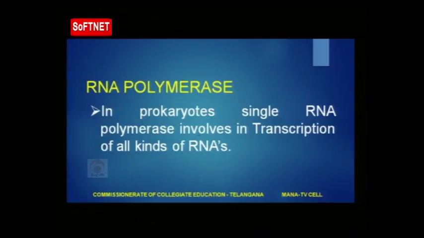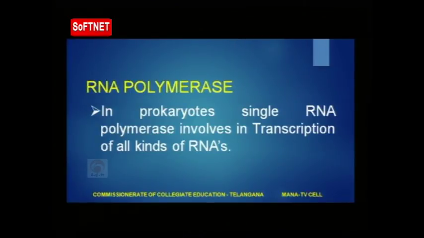De novo means that to initiate transcription, the RNA polymerase won't require any primers. There is no necessity of RNA primers or any primers to initiate the process. That's why this transcription process is a de novo process.